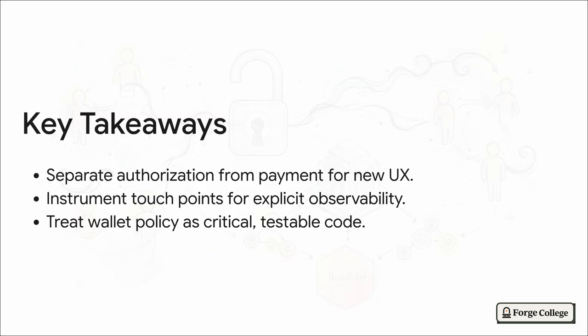We're talking about true gasless transactions where a user never needs to hold native tokens just to use an app. We're talking about social recovery, where trusted friends can help you restore access to your funds if you lose your phone. We can finally build Web3 applications that feel as smooth and forgiving as traditional Web2 apps, all while maintaining absolute cryptographic security and explicit observability at every single touchpoint.